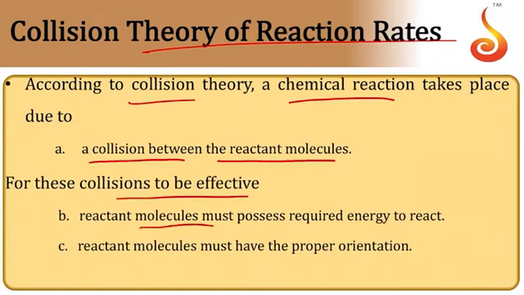Reactant molecules must possess the required energy to react, and reactant molecules must have proper orientation. So, unless collisions take place, reactions cannot happen. Collisions must have the required amount of energy, and they must have proper orientation. Then the reaction will be fruitful.